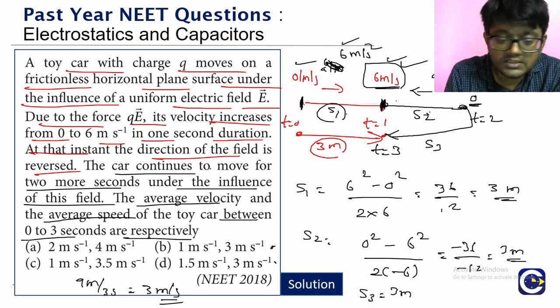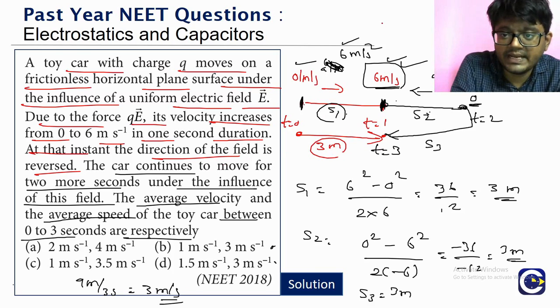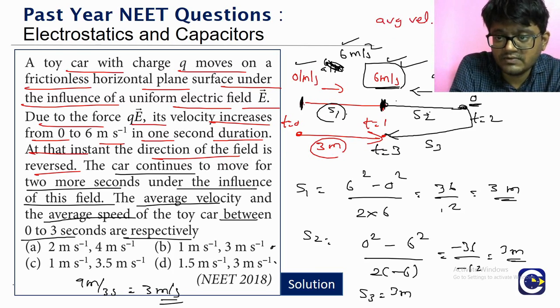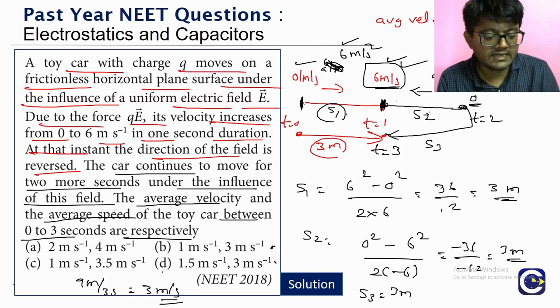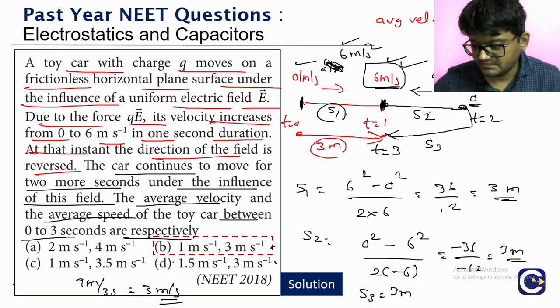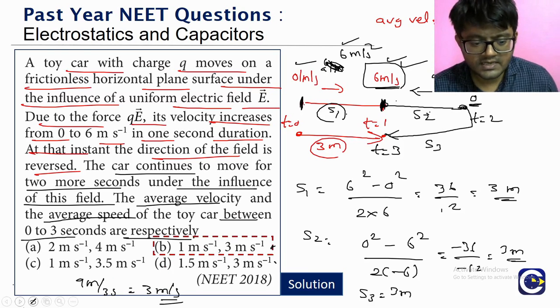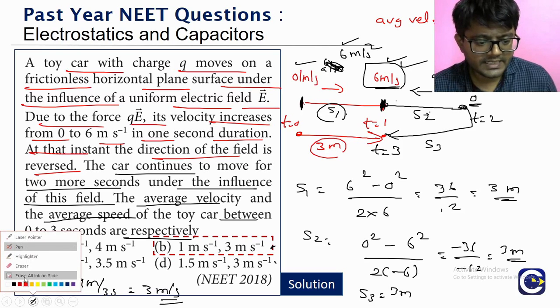Time is 3 seconds. So the average velocity will be equal to 3 meters displacement over 3 seconds, which is 1 meter per second. So what is the correct answer for this? Option B. So this question involves a little bit of kinematics principles also. We should be remembering them.